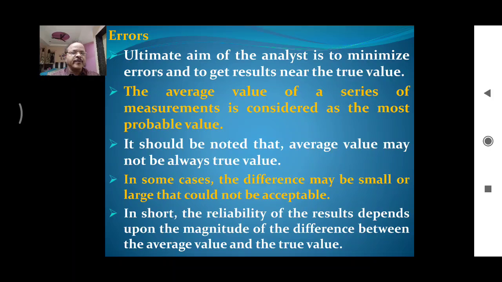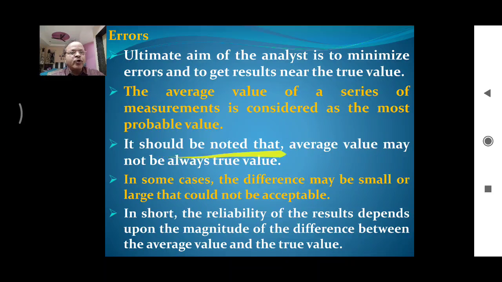So we have to repeat the readings, average these measurements, and compare this average value with the true value, or the probable value. So this is the general protocol or general way to minimize the errors during analysis.